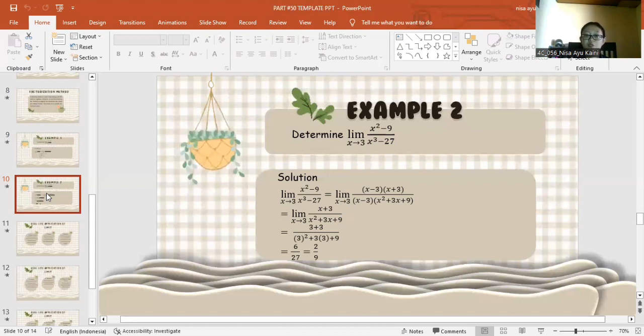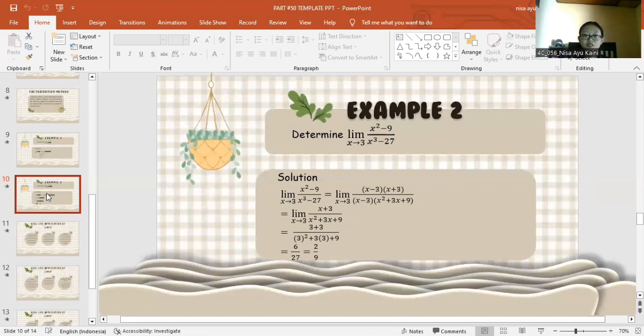Since both the numerator and denominator have a common factor of x minus 3, we can cancel it out: the limit as x approaches 3 of x plus 3 all over x squared plus 3x plus 9. Now we can directly substitute x equals 3 into the simplified expression.